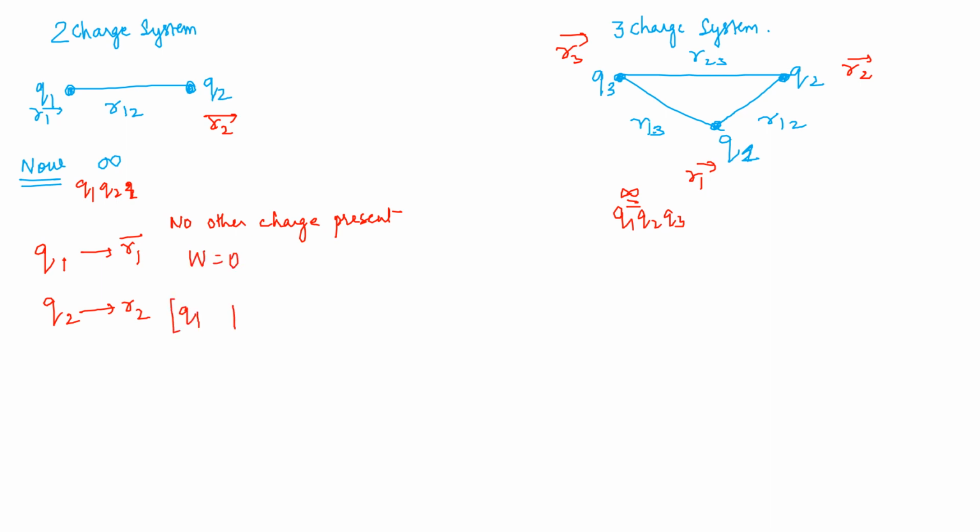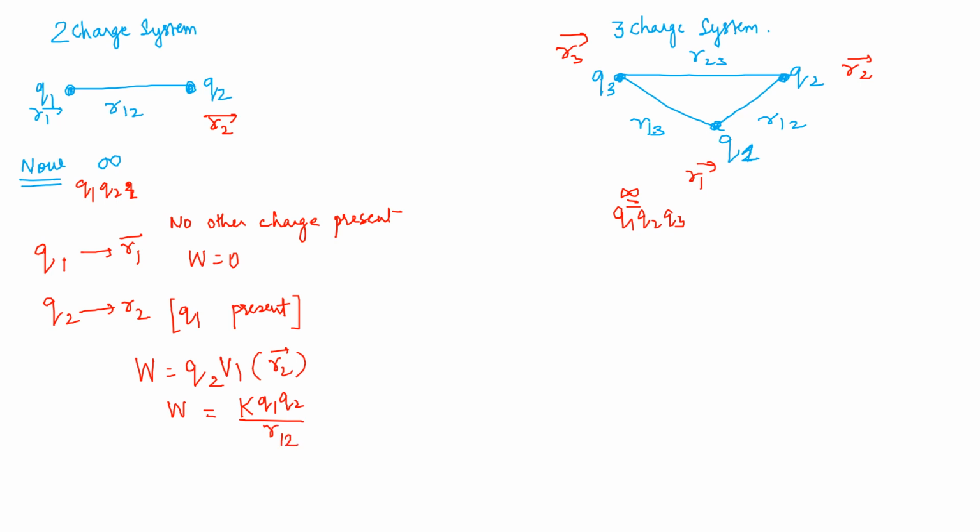Then Q1 is present. So as per the definition, work done equals Q2 into potential due to 1 at R2 position vector. So work done we received as, I'll just write over here again, work done was equal to K Q1 Q2 upon R12.